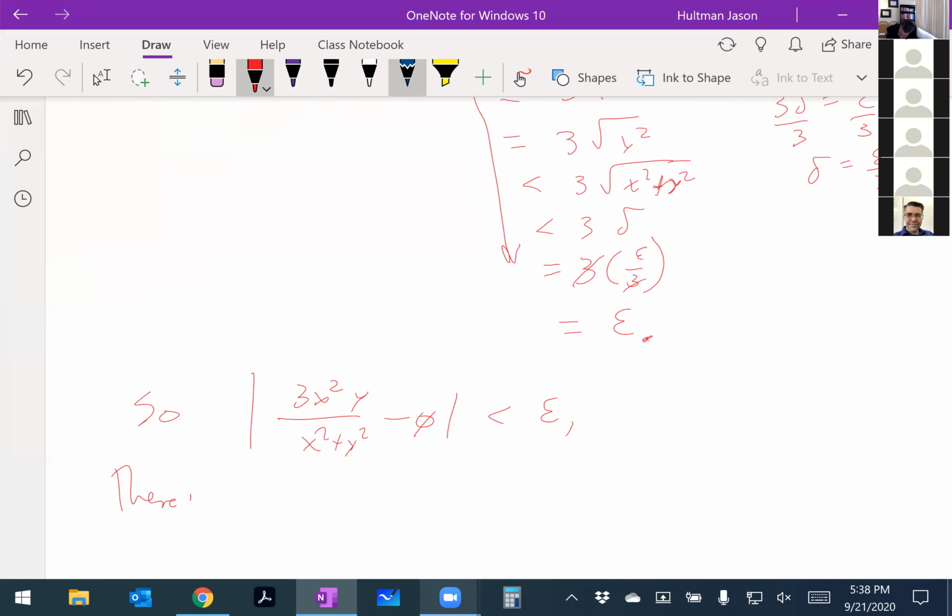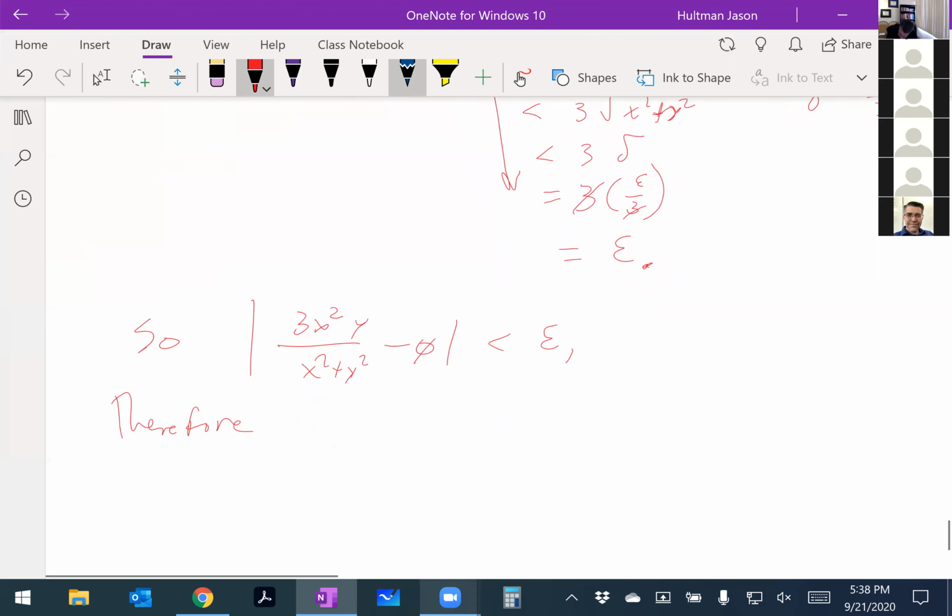Therefore, the limit as (x, y) approaches (0, 0) of 3x squared y over x squared plus y squared is equal to 0, and end of proof, QED. Put my little square. That means I'm done with the proof. I've proven it forwards, backwards, sideways, that it will always work.